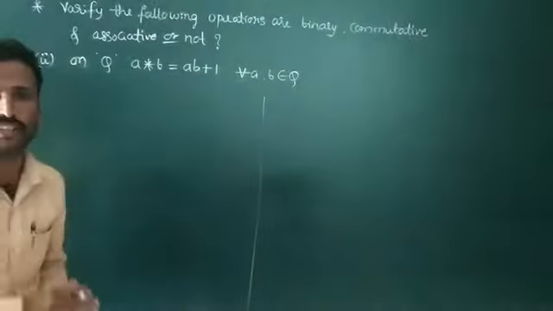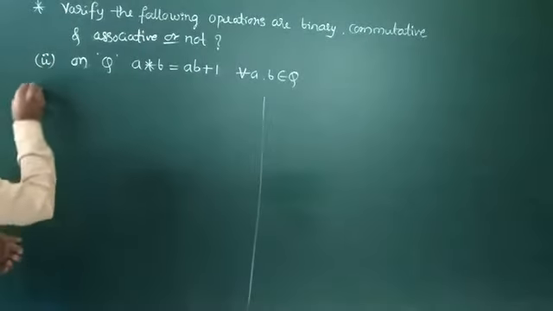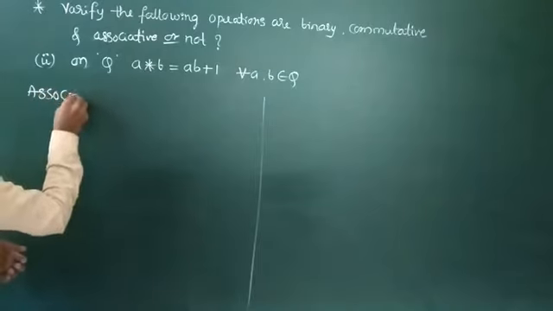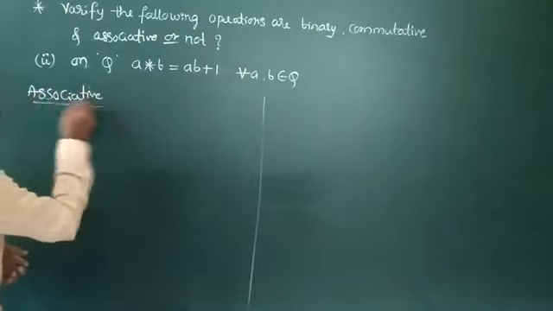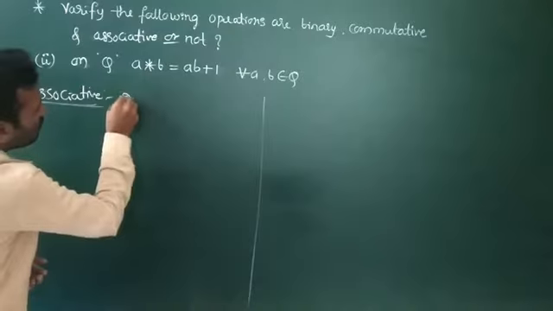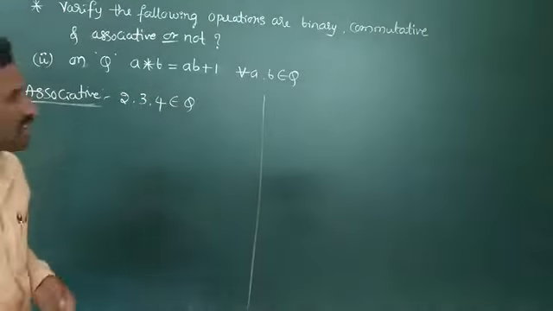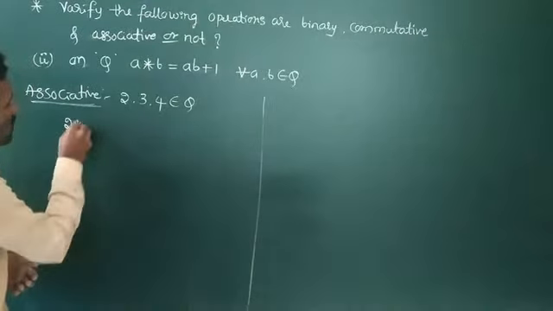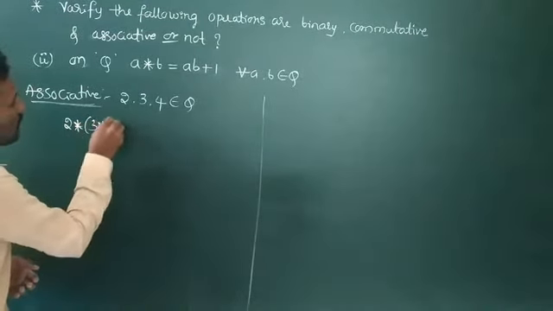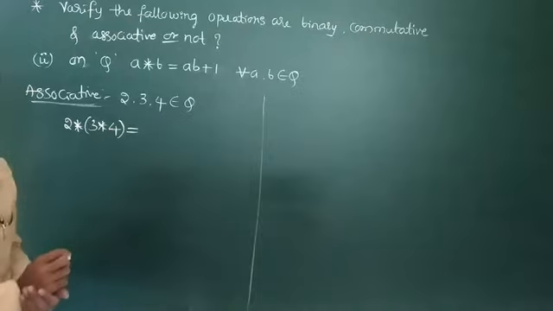Associative, if you take any three elements. Let us consider for associative, 2, 3, 4 are elements of Q. That is 2 star (3 star 4).